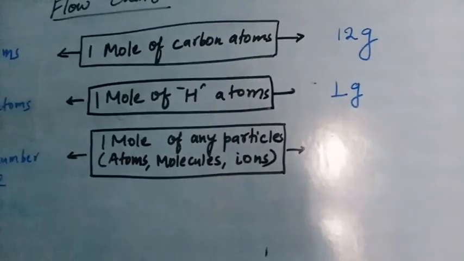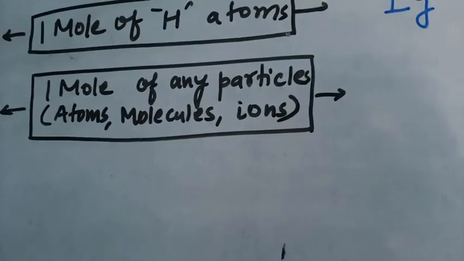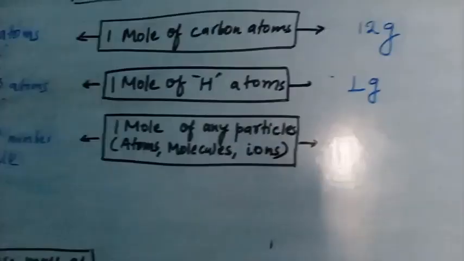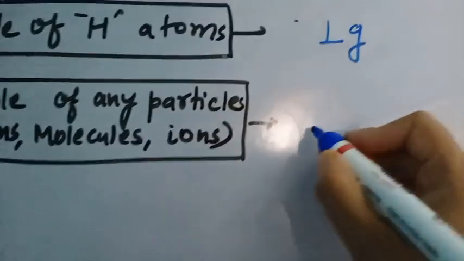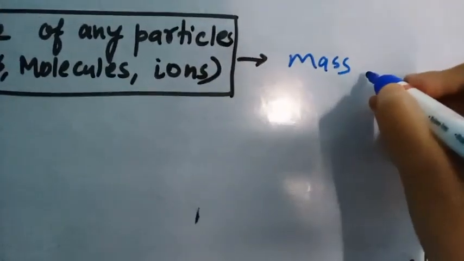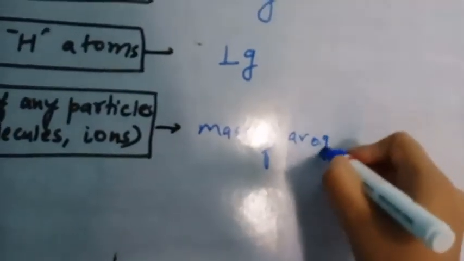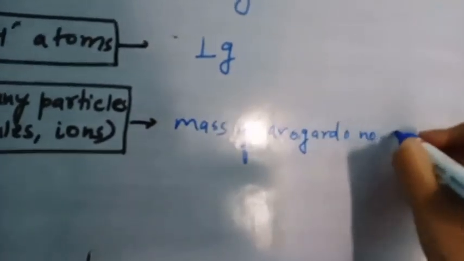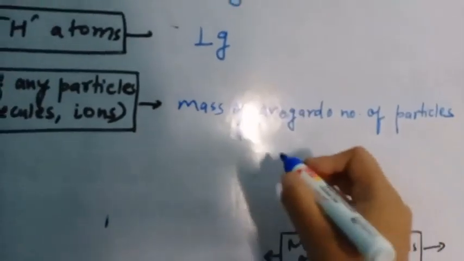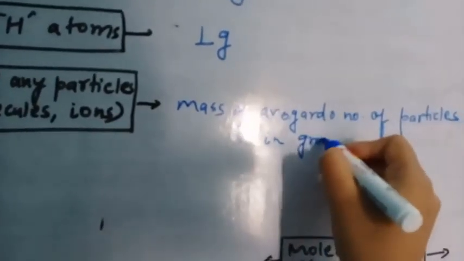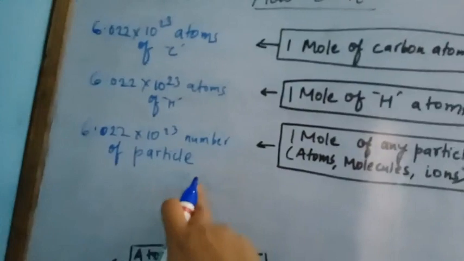Okay, and what would be the mass? The mass of those particles will be represented in grams. So here we will write: mass of Avogadro number of particles will be represented in grams, because we are getting the mass of this number of particles.